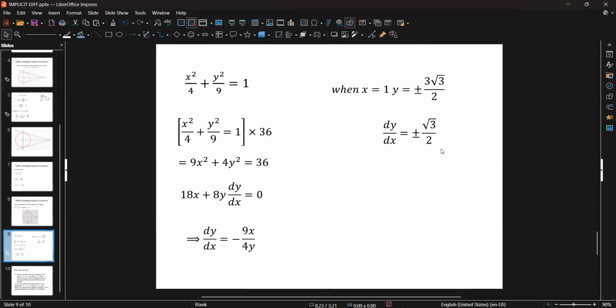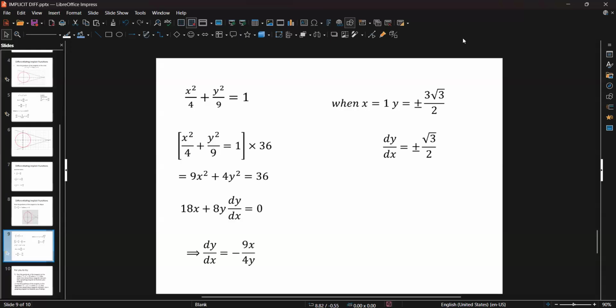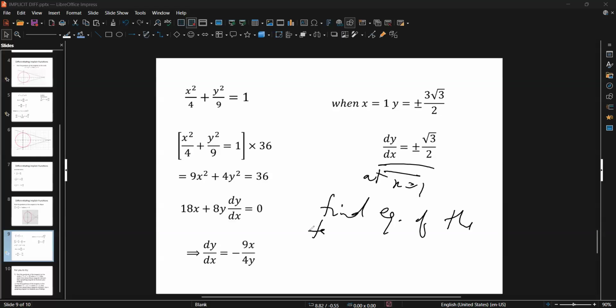And maybe you can, on your own, if I ask you, find the equation of the tangents. I can ask you not just to stop at the gradients, right? The gradient at x equal to 1, I can ask you, well, find the equation of the tangents, right? And maybe you could jot this down and try it. Find the equation of the tangent.